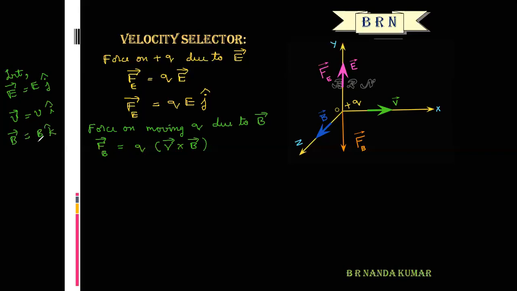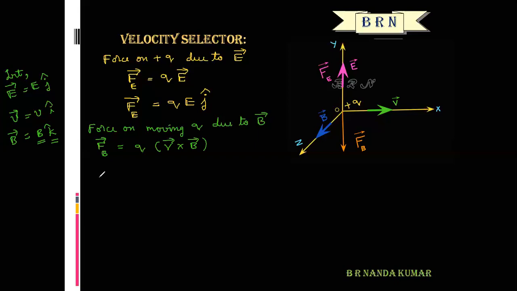B is the magnitude of the magnetic field. K cap indicates the direction of the magnetic field. So what is the direction of magnetic field? That is along positive z axis. So K cap is a unit vector, its magnitude is 1.